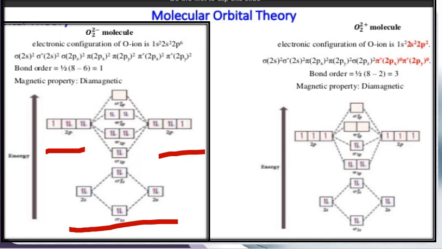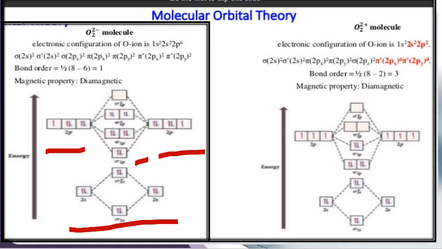Right? Here sigma 2px will be filled first in the p orbitals according to the ascending order of energy. 2 electrons are accommodated. Sigma 2py and 2pz will be filled next as they are degenerate, so they can carry 2 electrons in each, so 4 more are accommodated. Out of 10, 6 are accommodated and 4 are left.